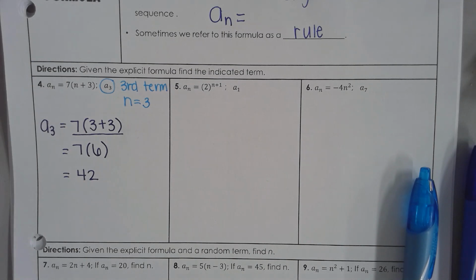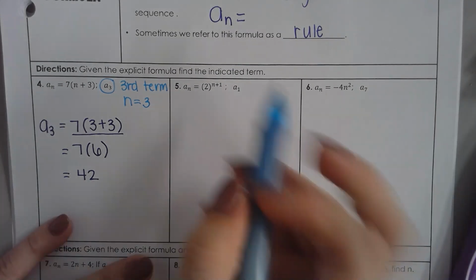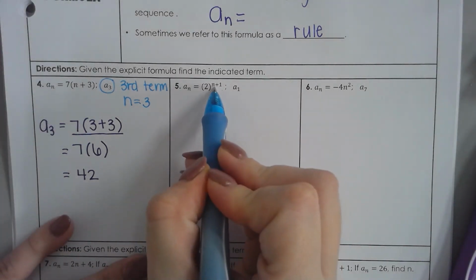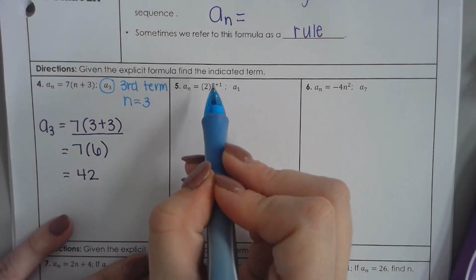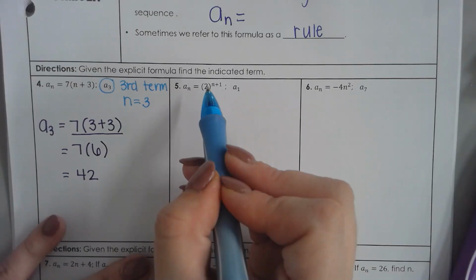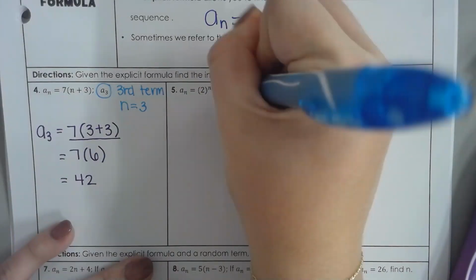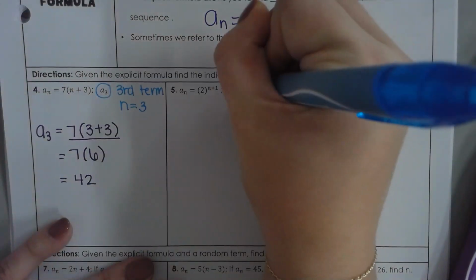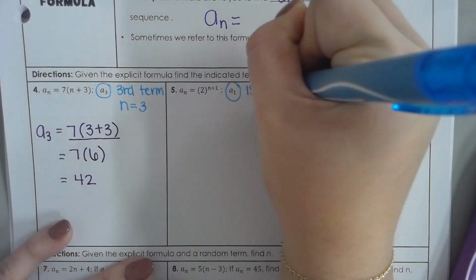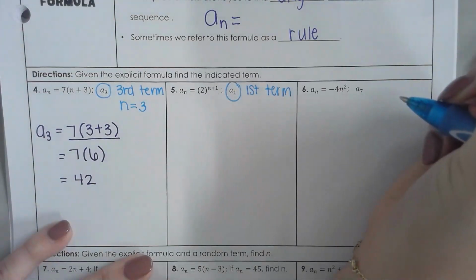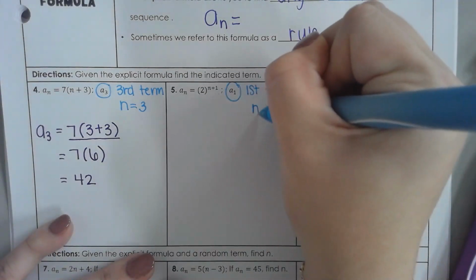Number 5. Here's my formula. That n plus 1 is in the exponent, so be careful. I'm asked to find A1. That's the first term. N is 1.